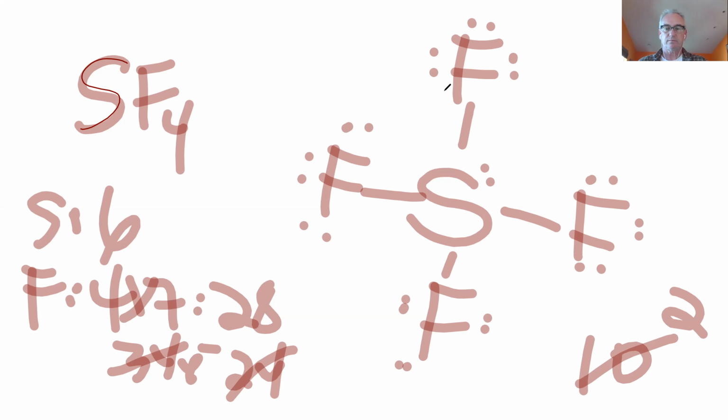1, 2. So let's figure out if everybody has an octet. I know the fluorines have an octet because I gave them an octet when I went around the outside. So each fluorine has 2 electrons in bonds, and 6 electrons in lone pairs. So they all have 8. They're fine. And sulfur's got how many total electrons?